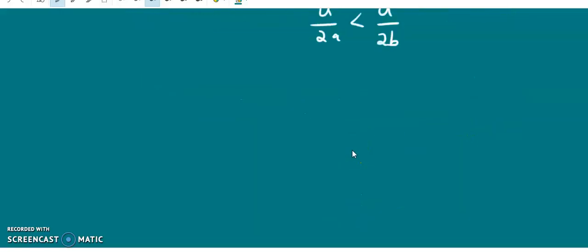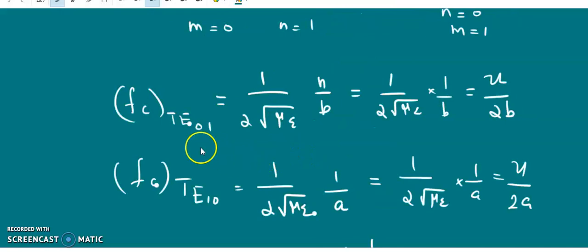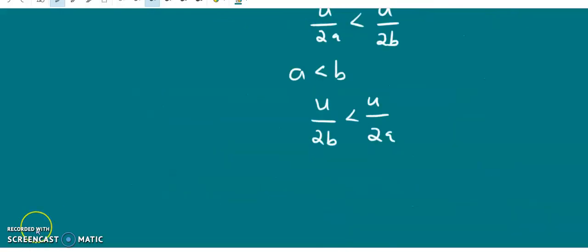When a is less than b, then u by 2b is less than u by 2a. That is, the cutoff frequency of the TE01 mode is the lowest. And the mode with the lowest cutoff frequency is generally termed the dominant mode.